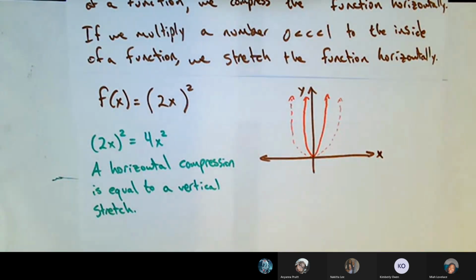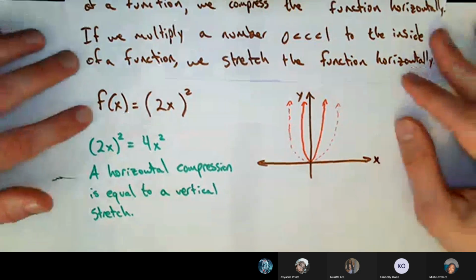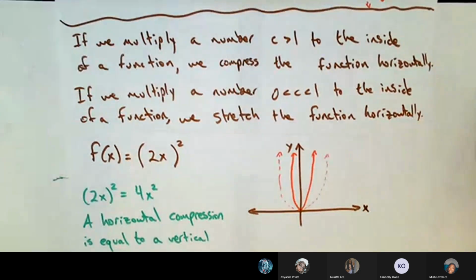So I don't want to get into exactly how they're equal. That's why I was vague here. But the point is that if you look at this and say, wait, this horizontal compression looks exactly like a vertical stretch, then you're right. Then you're onto it. You're getting one of the big points here.